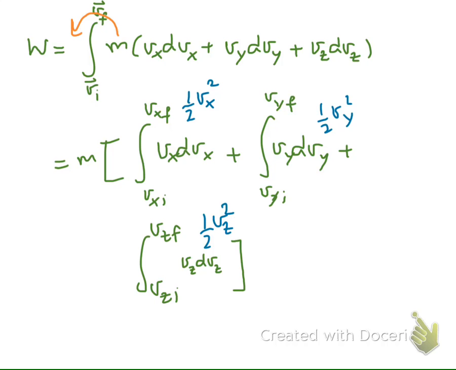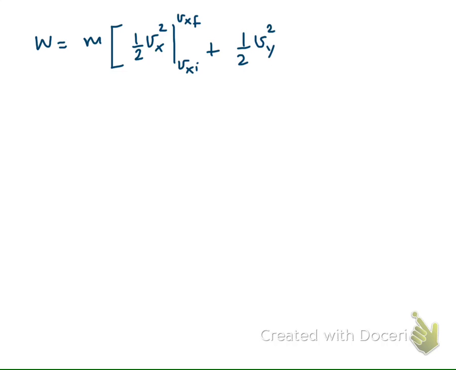So the result of this integration will be W is equal to m times half of the vx square from vxi to vxf, plus half of the vy square from vyi to vyf, plus half of the vc square from vci to vcf.